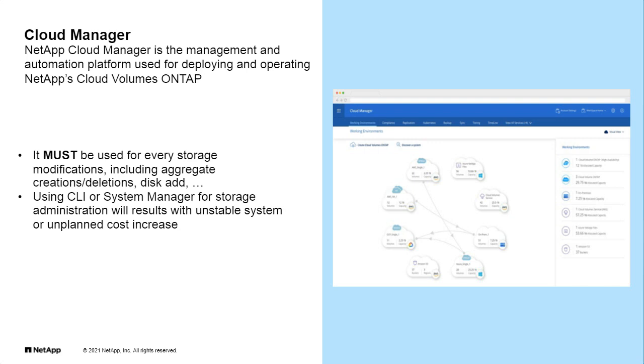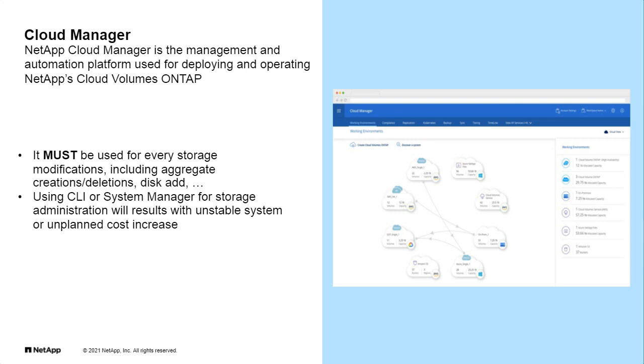One thing that I really want to put an emphasis on is Cloud Manager must be used for every storage administration that you will be doing with your CVO. And this includes creating aggregates, deleting aggregates, adding disks.